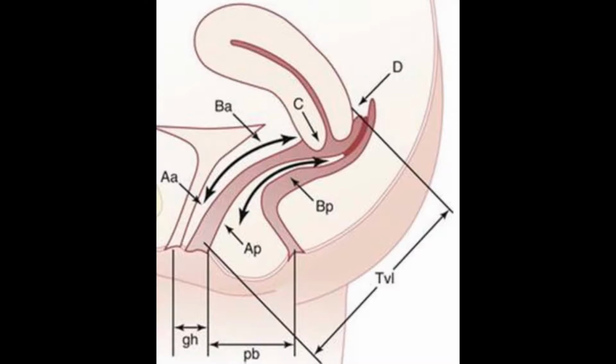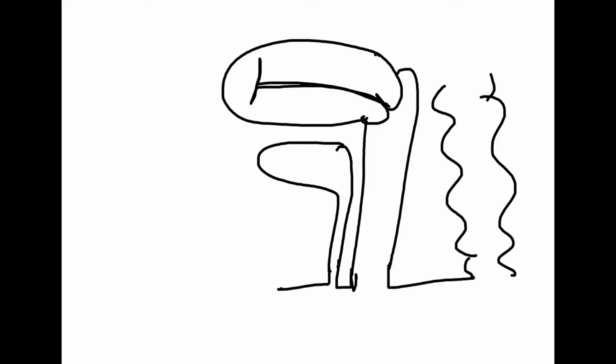I will tell you that if we have the uterus, vagina, urinary bladder, urethra, and rectum, and everything in its normal position, we should have around 9 points or 8 points and total vaginal length.